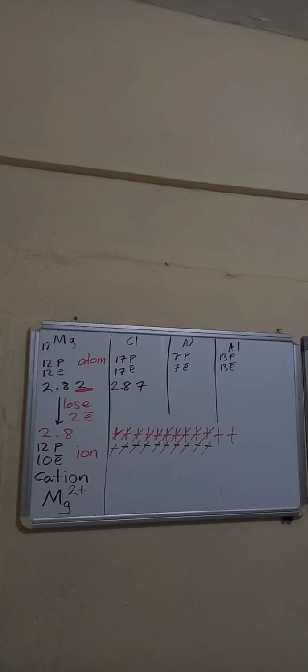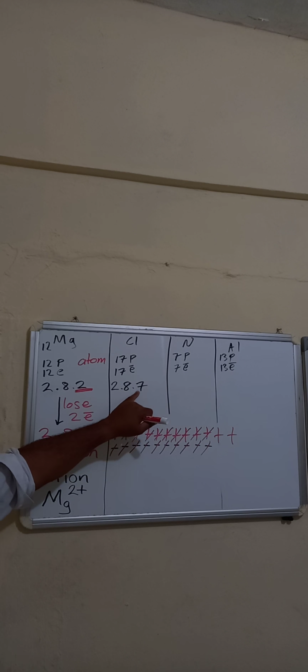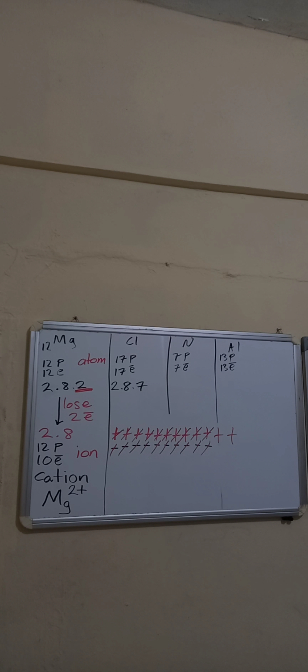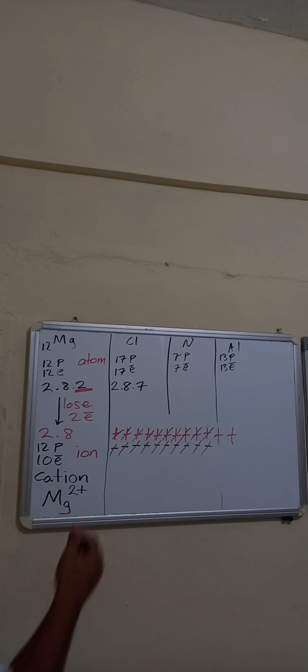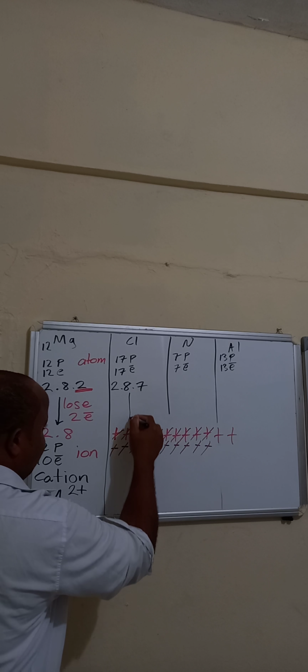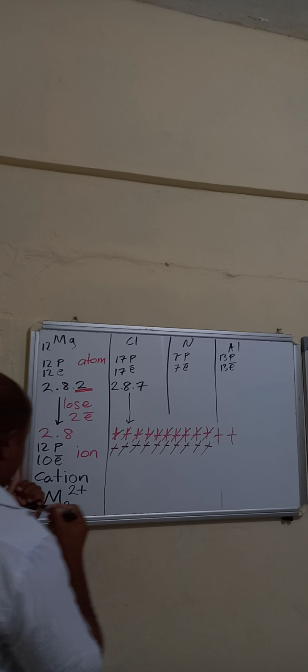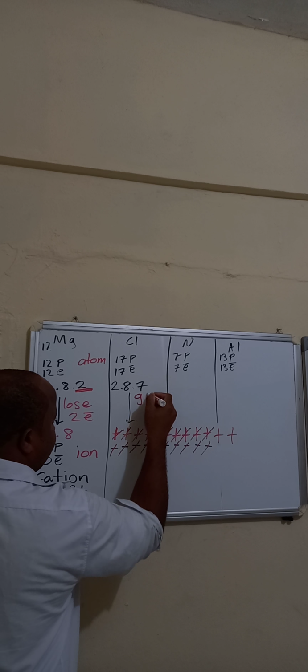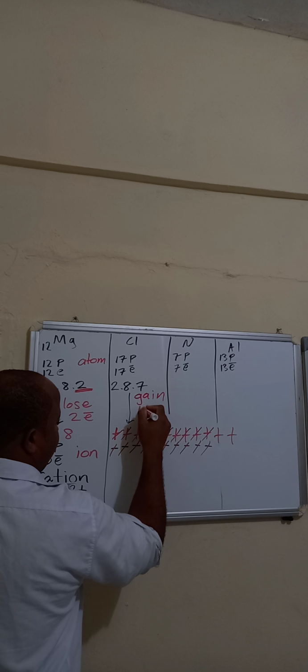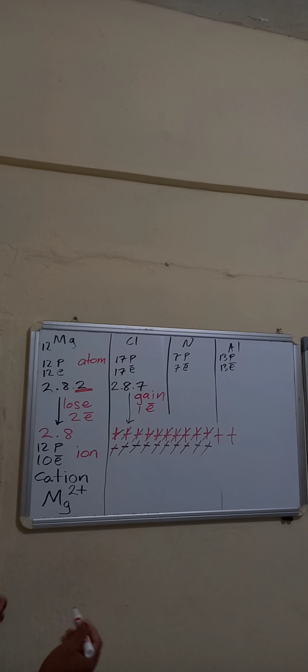And remember we said that once it reaches 4 to 7, it will gain electrons to reach 8. Now, if chlorine has 7 valence electrons, it will not lose, it will want to gain. And it will only need to gain 1 electron to reach 8.